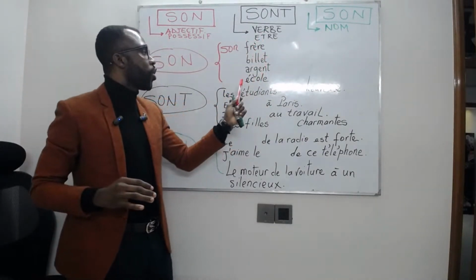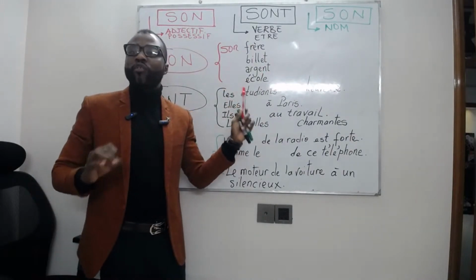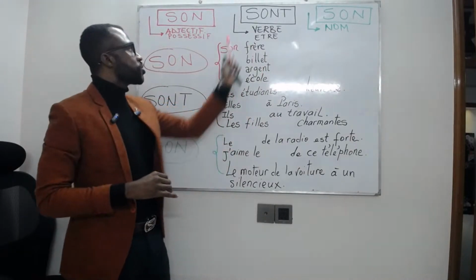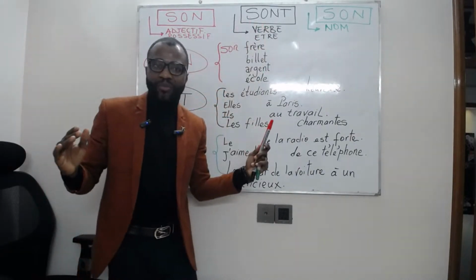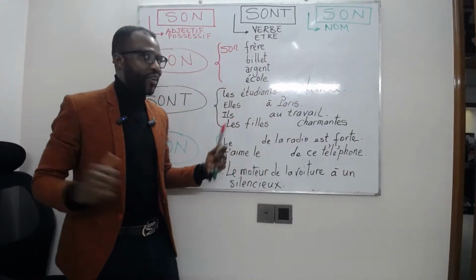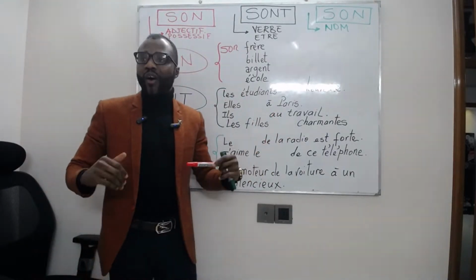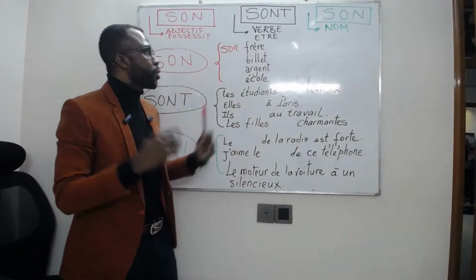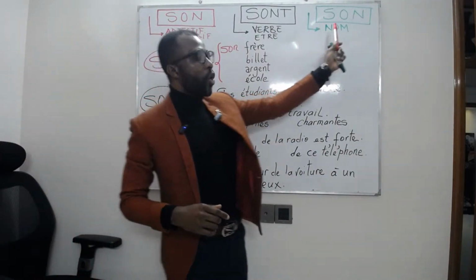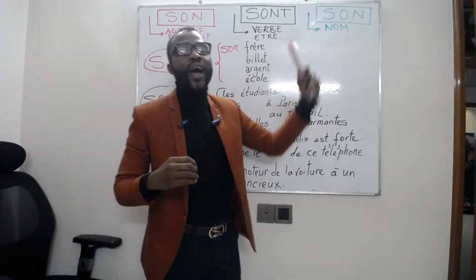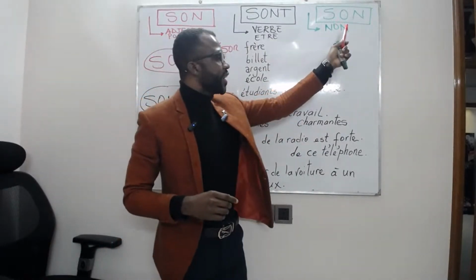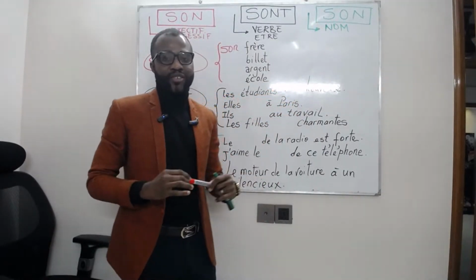It's used for the third person of the plural form. It's a verb, which means are, so obviously it will be used for they are, for the plural form. And this son is used as a noun, which means sound in English.